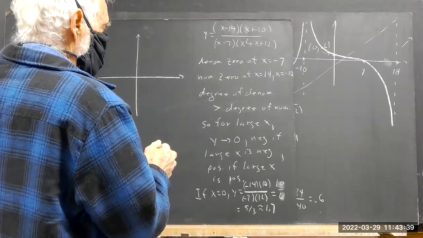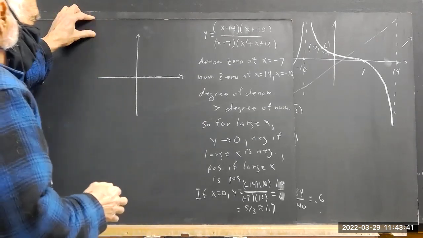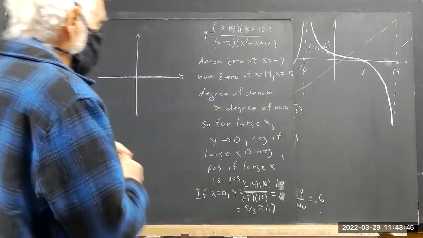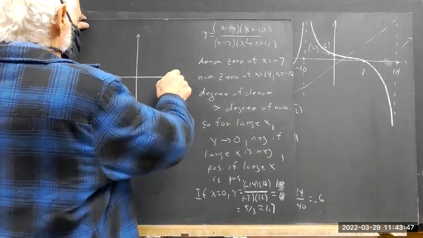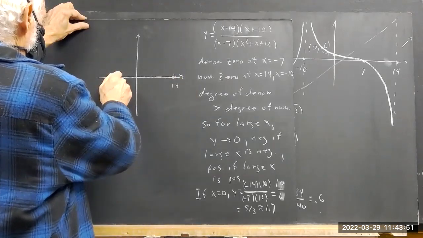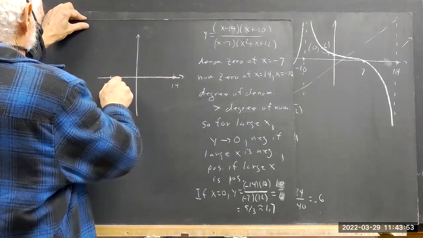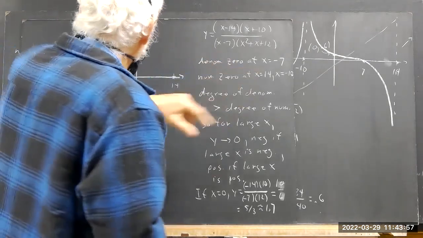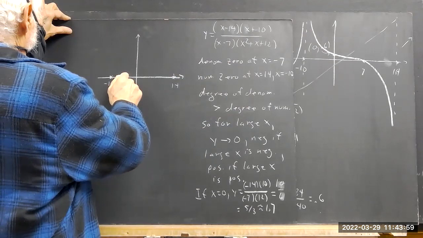But our zeros are when the numerator is 0. Numerator is 0 at 14 and x equals negative 10. The denominator is 0 at x equals negative 7.